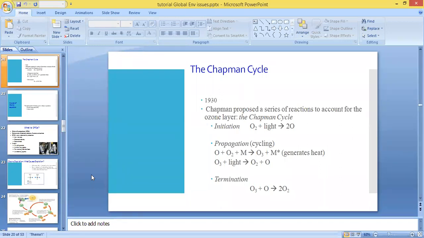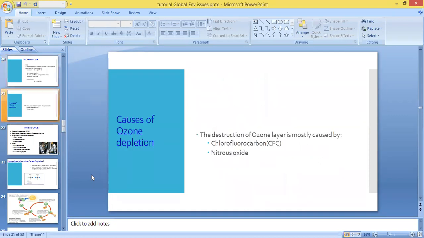Again, the ozone molecule in the presence of light breaks down into O2 plus O. Now this remaining O atom, in the termination reaction, reacts with an ozone molecule and gives rise to two oxygen molecules. So this is the Chapman cycle.